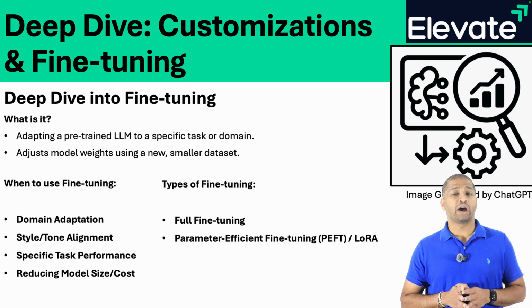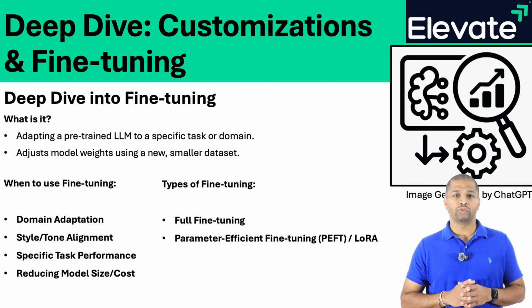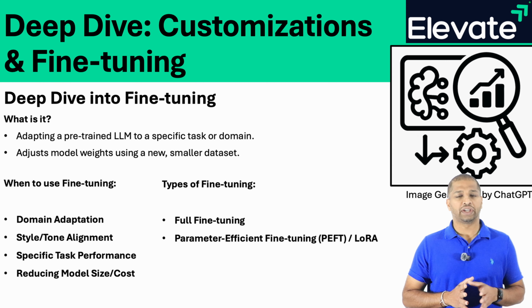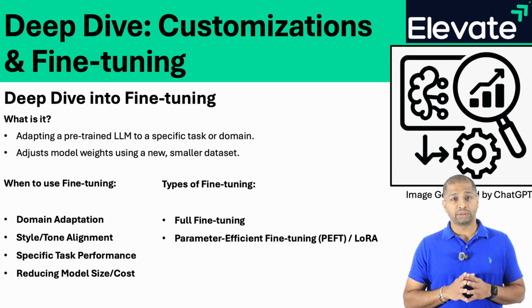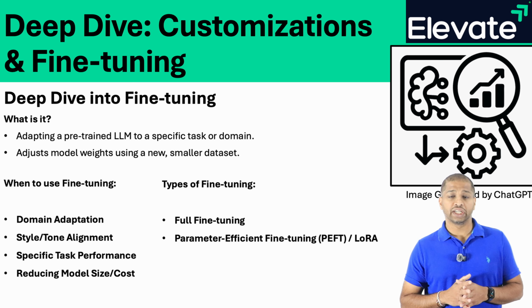Full fine-tuning updates all model parameters, which is resource intensive. More commonly now we use parameter efficient fine-tuning or PEFT, such as LoRA, which updates only a small subset of parameters, making it much more efficient and requiring less data.